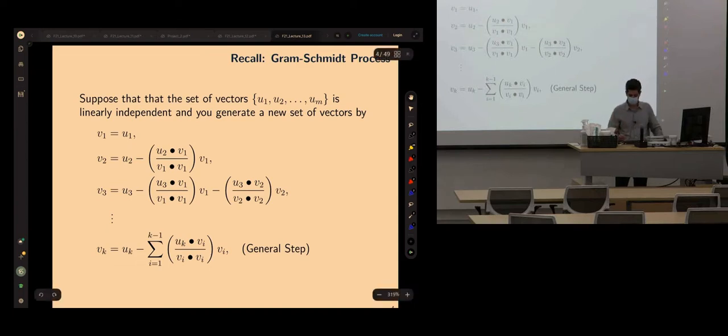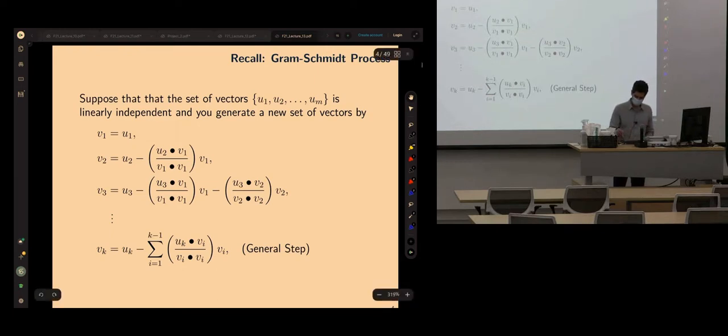The general process was: take the first vector, then subtract the overlapping part from the second vector, and then for the third vector, subtract the overlapping part from the first and the second one, and so on. So at step k, we take the kth vector and subtract all the previous overlapping parts from that vector.